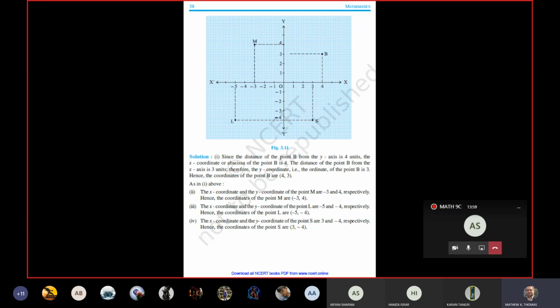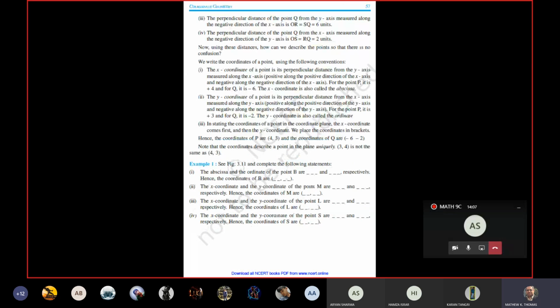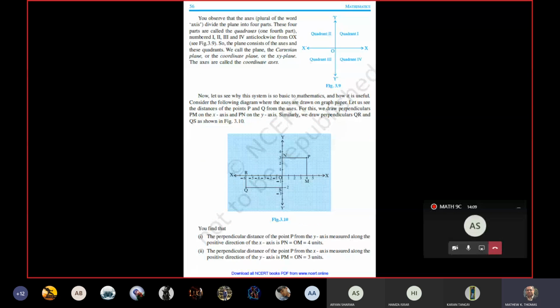So you can write down: whenever we write the coordinates, x is written first, followed by y.